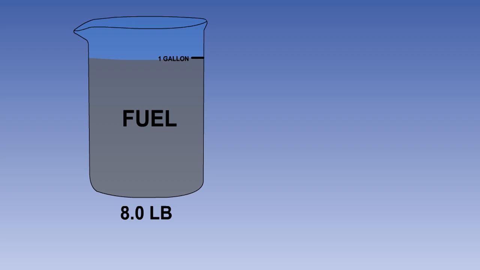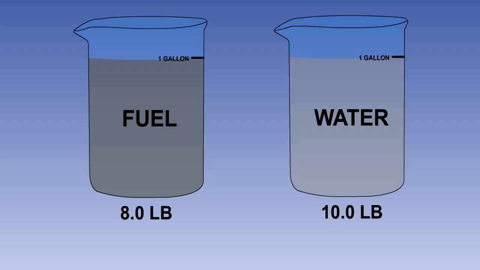So in the example shown here, we have 1 gallon of fuel in the left container, and it weighs 8 pounds. In the right container, there is an equal volume, 1 gallon of water, and it weighs 10 pounds. The specific gravity of the fuel is then 8 divided by 10, or 0.8.